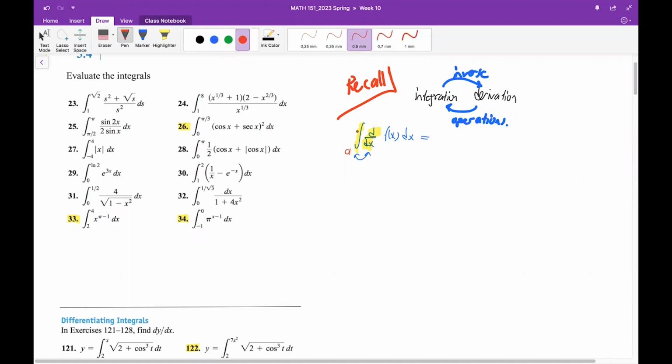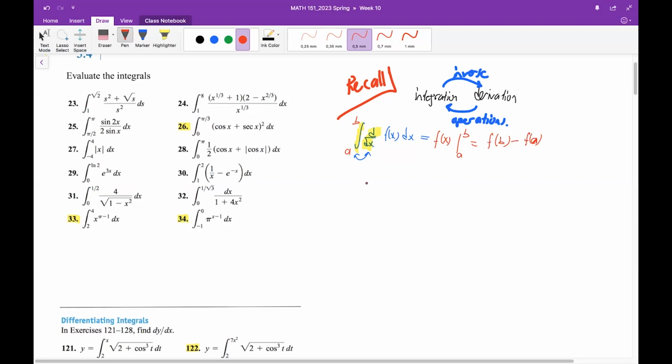But if we put some boundaries here, let's deal with this definite integral, then the result will just depend on f of x, but evaluated at these upper and lower bounds, okay? From a to b. What does this notation mean? It is f evaluated at b, f evaluated at a, and you will take the difference.